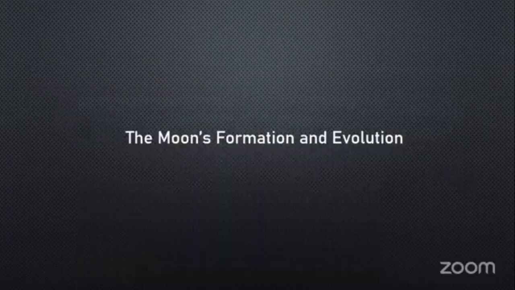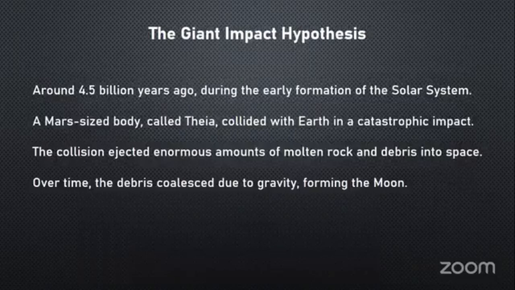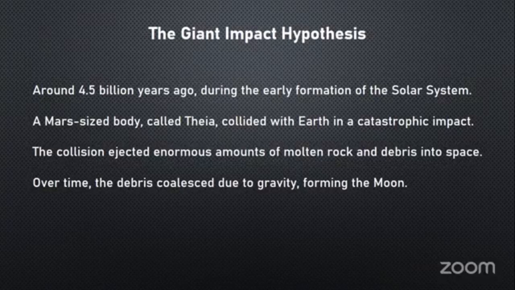So how about the moon's formation and evolution? Let's talk about how the moon was formed. Around 4.5 billion years ago, think about that, during the early formation of the solar system, there was a Mars-sized body called Theia.